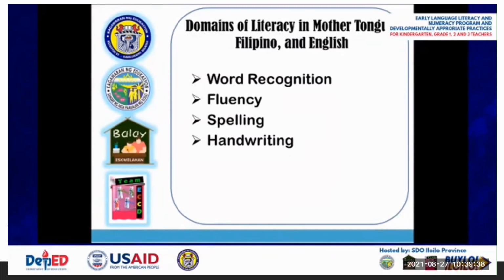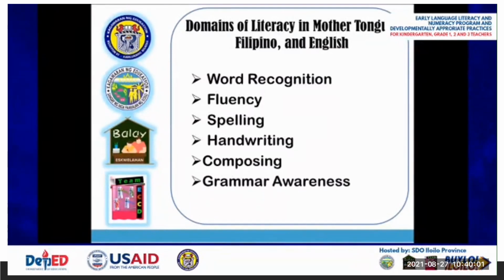Handwriting. The learner writes legibly in manuscript or cursive writing. Composing. The learner demonstrates the ability to formulate ideas into sentences or longer text using conventional spelling. Grammar awareness.